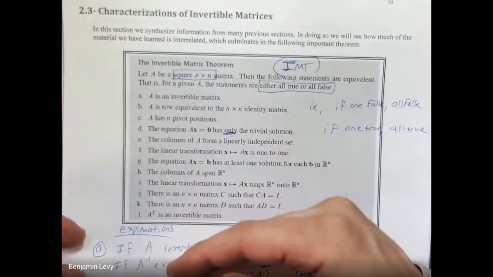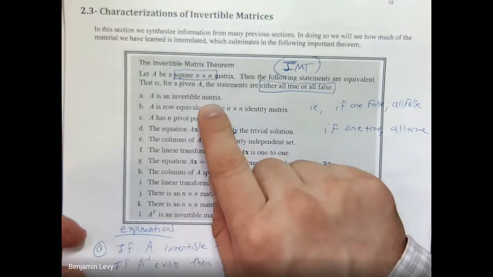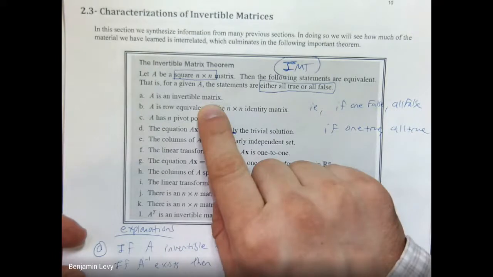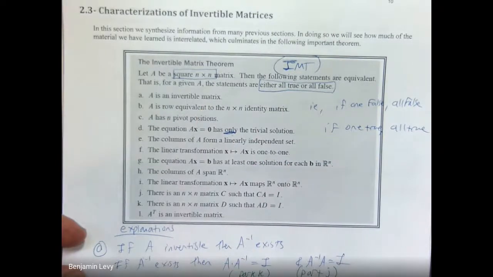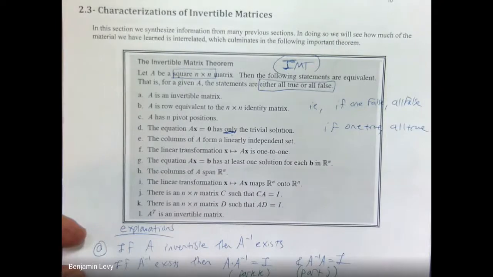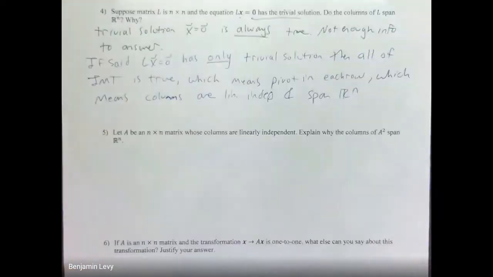In particular, A is invertible. And if A is invertible, we learned in the last section that multiples of it are also invertible. So A squared would also be invertible. And if A squared is also invertible, that means the IMT is true for A squared, which means the columns would span Rn. That one involves something from the last section, a little bit outside the IMT, but still a good question here.